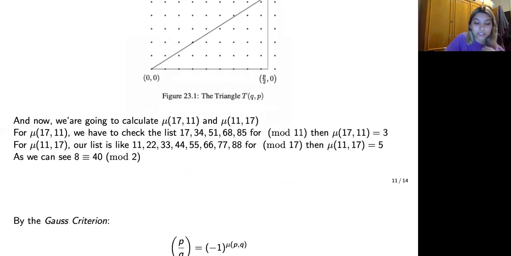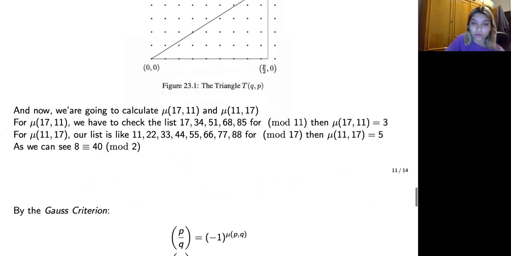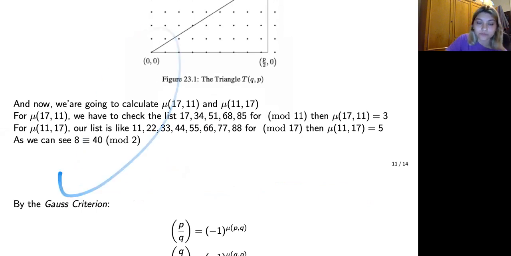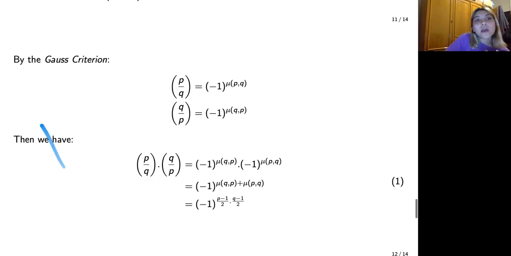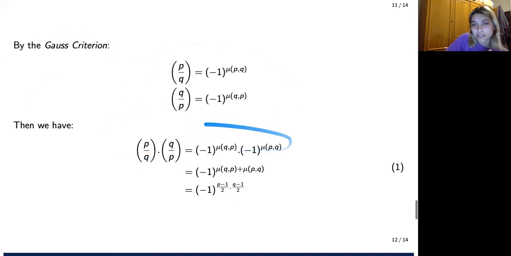Since we saw the relation between mu and the integer points in the triangle, now we can continue our proof. It's just an example. After this, by the Gauss Criterion, we have 2 Legendre symbols. When we multiply these 2 Legendre symbols, we are going to have this.